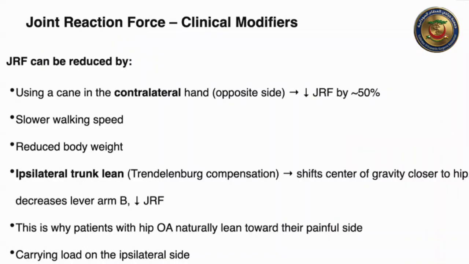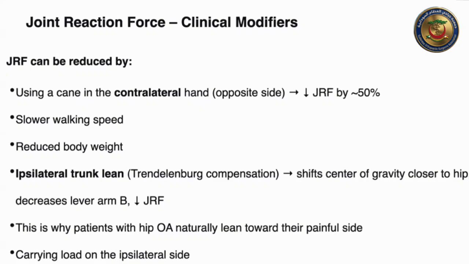So how can we modify joint reaction force? We can reduce it by using the cane in the contralateral hand, the opposite side, reducing joint reaction force by 50 up to 60%. By slower walking speed. How? As you remember from Newton's second law, force equals mass multiplied by acceleration.